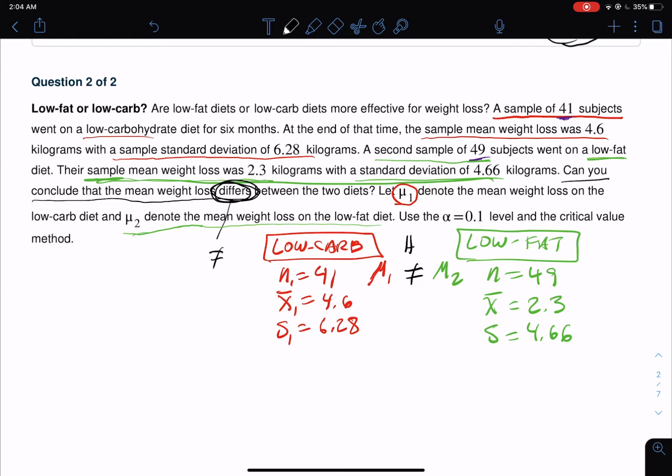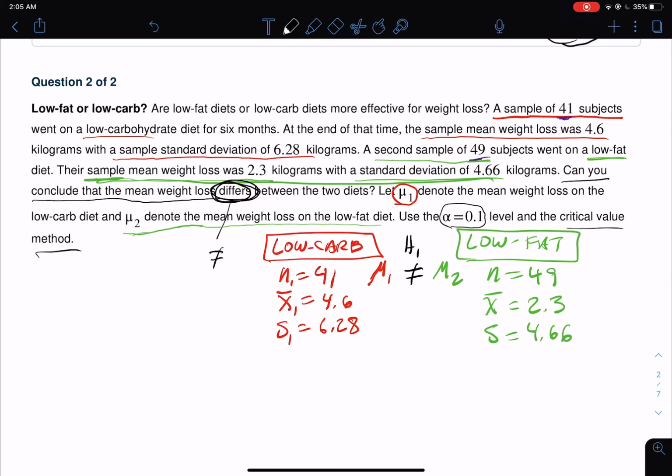This would be our alternate hypothesis, right? We know that the null hypothesis is always going to have equal signs, so that's kind of easy. But the alternate is more the tricky one. And then finish reading this. Use the alpha, or the level of significance, of 0.1, and critical value method.